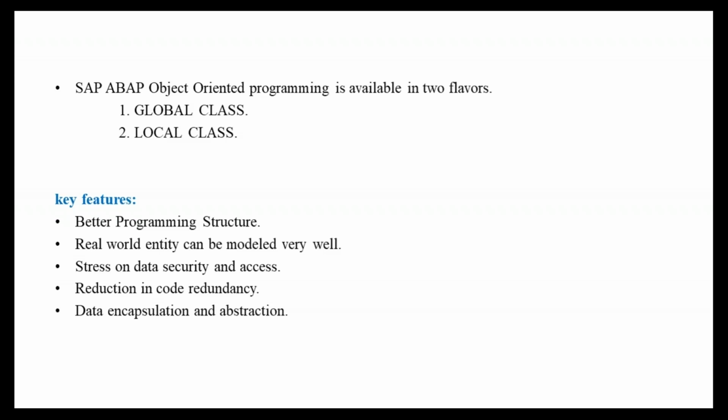The class might be a global class or a local class. First we'll create a simple program in which we make use of a local class, and then we'll go for the global class later.